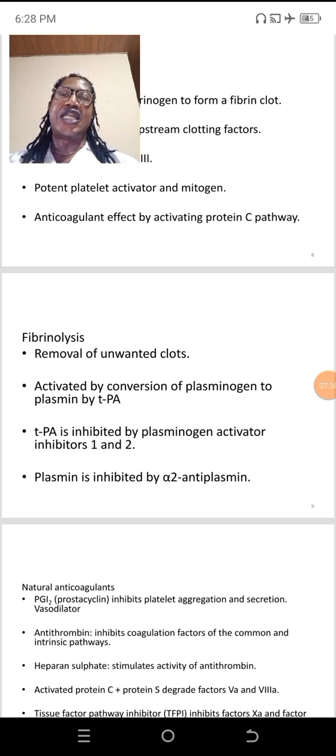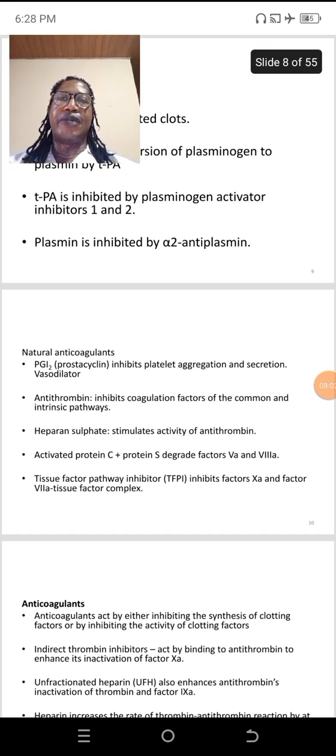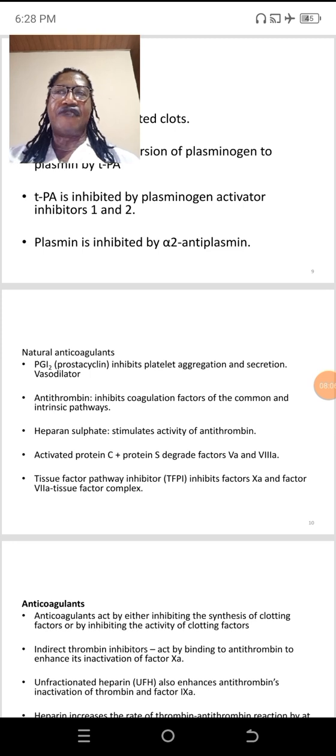So what happens is that simultaneously with the activation of the clotting cascade, the fibrinolytic pathway will also be activated, and the plasminogen will be converted to plasmin by the tissue plasminogen activator. We should also know that plasmin is inhibited by another protein known as alpha-2 antiplasmin.